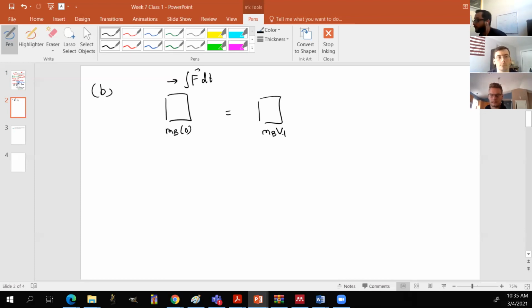So if you write the expression out, to be complete, you would say that you have your momentum here, which is just 0, because it's stationary before the impact of the bullet. Now, if you write this expression out, you'll see that your impulse force plus 0 is equal to MB times V1. Now you're just looking at the block itself, so you have to take the bullet out of it.